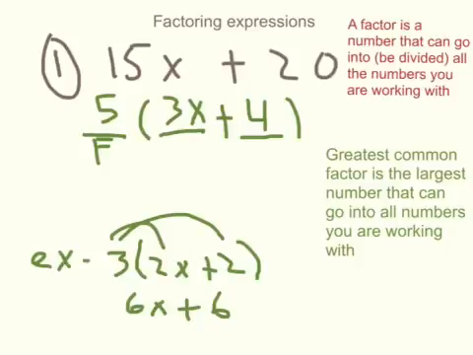Then to make sure we're right, we can carry out our distributive property, where I go 5 times 3x and 5 times 4, and I should come up with this answer. So 5 times 3x, I should get 15x, and I do, because 5 times 3 is 15, and then you carry your x.